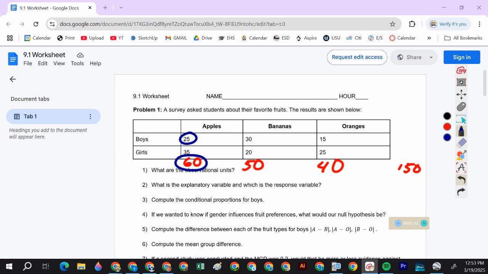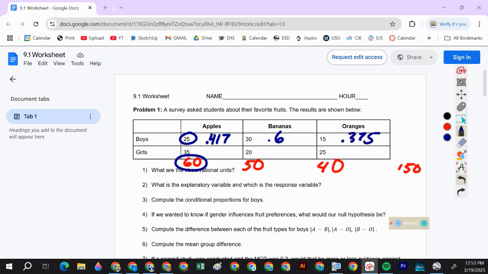For that one, I'm going to do 25 divided by 60, and I get 0.417. Then for bananas, I'm going to get 0.6. And then for oranges, I'm going to get 15 over 40, and I get 0.375.